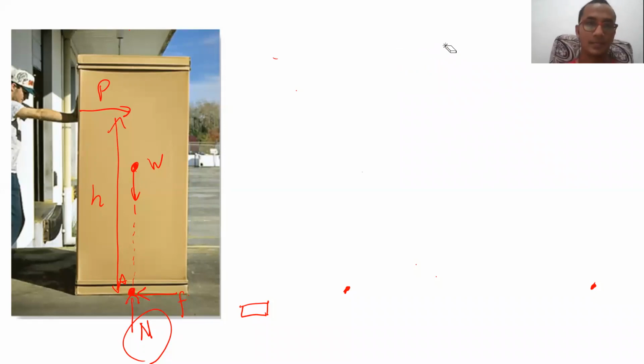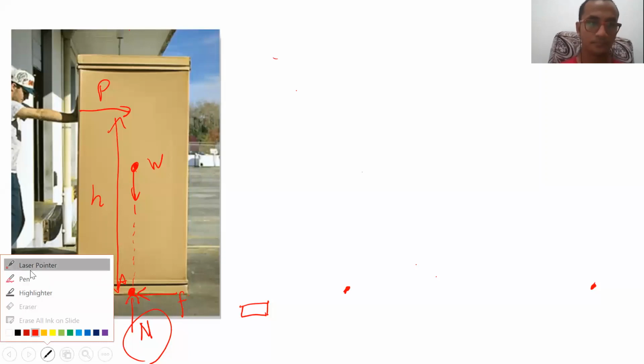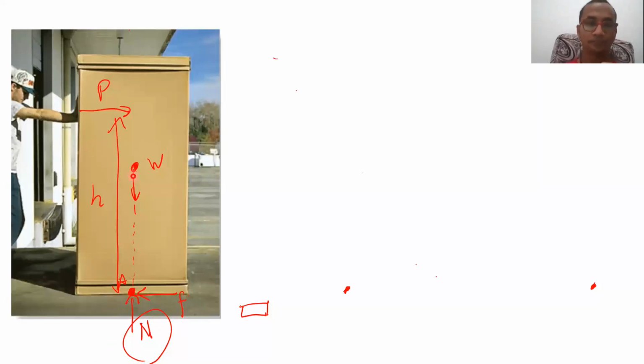And the things that we learned yesterday is if we have things like this, right? If we have things like this, and we want to calculate whether or not it will slide to the right or not, the calculation will be slightly different than before, because right now, the normal force is not like before.